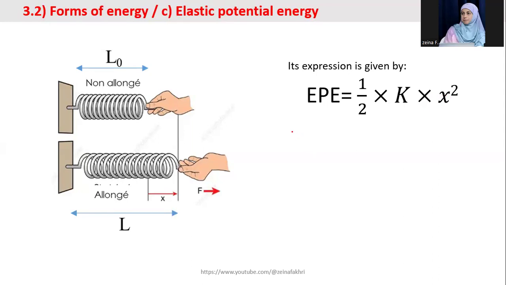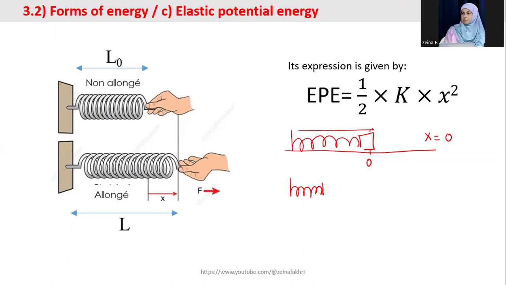So let's say, for example, this is the spring at its equilibrium position, where there's no compression nor elongation. In this case, we say that x is equal to 0. Now, when we compress the spring, the length of the spring, we can name it L0, and this is what we call its free length.